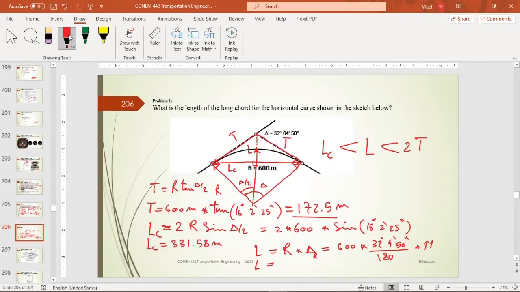So L should be less than twice this distance, but it should be greater than LC. So it equals 335.95 meters.